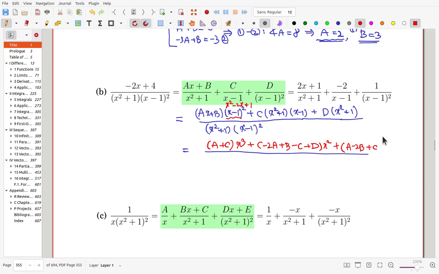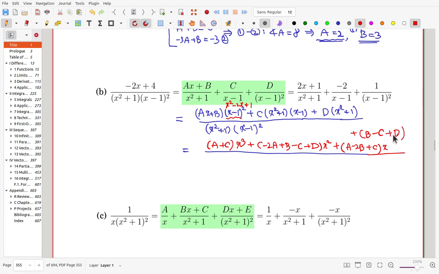And for this one, there's no x term. Okay, and how about the constant term? We'll write down here the constant term. From here, the constant term is just b. And from the second one, the constant term is minus c. And from the last one, the constant term is d.